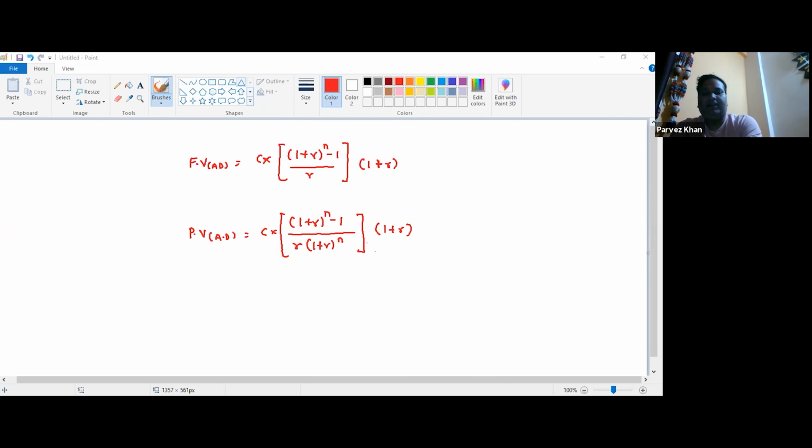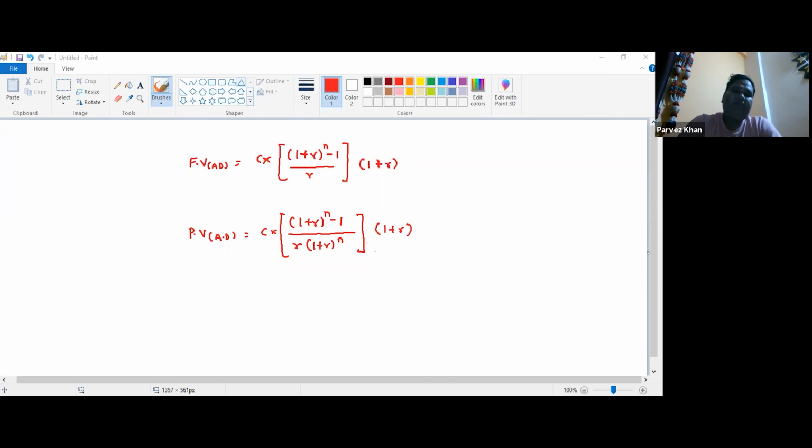If the rate of interest is 4%, how much amount should they save every year in their account at the beginning of the year?